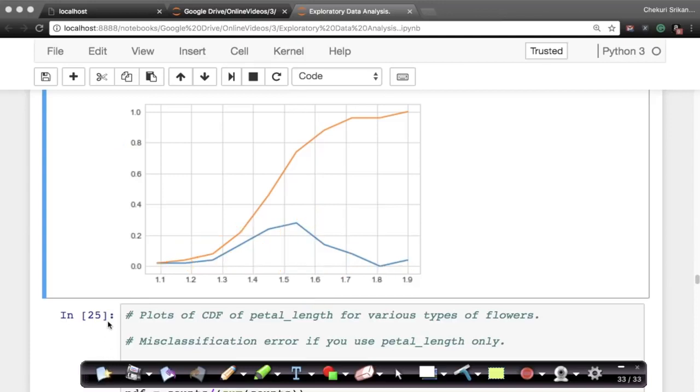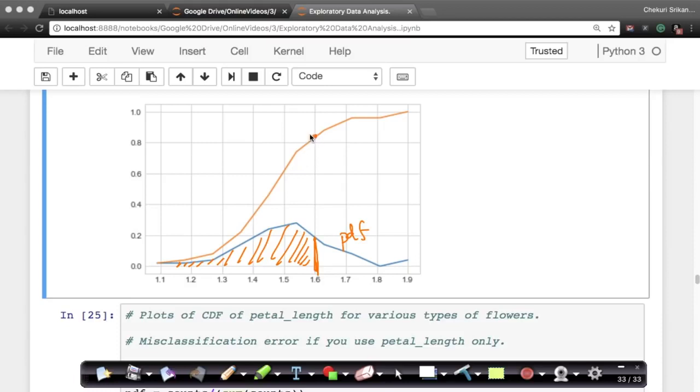For those of you who know calculus, who remember area under the curve, integration and things like that, if you don't recall, it's okay. We will go over it when we learn calculus in more detail. But if you recall your calculus, if you have a PDF, the corresponding value of the CDF is basically the area under the curve of your PDF till that point.